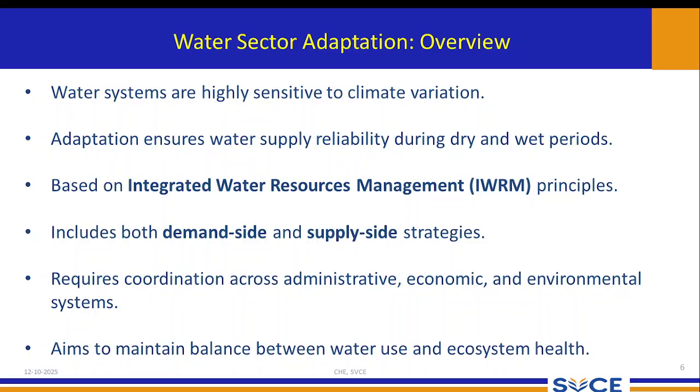Social, economic, and environmental balance: it seeks to meet human needs for water while also protecting ecosystems for future generations. Sustainability: the long-term goal is sustainable development, ensuring that water resources are available for current and future use. Risk management: it includes assessing and mitigating risks from factors like climate change and population stress.